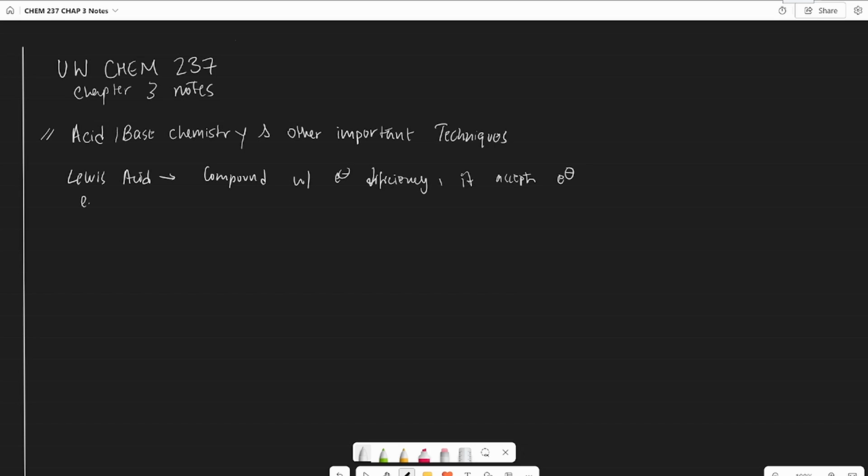Some examples are the tert-butyl ion, not tetrabutyl, tert-butyl ion. Another example is boron trifluoride.